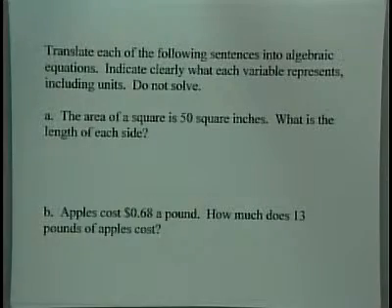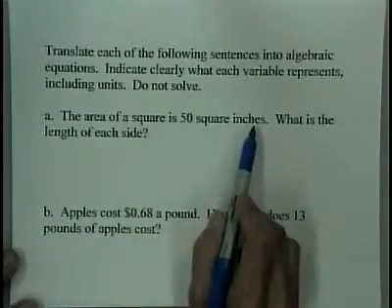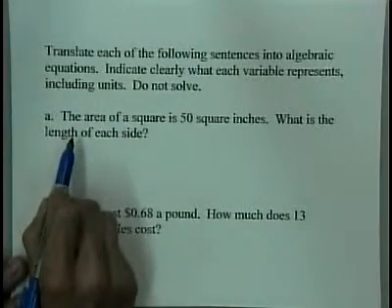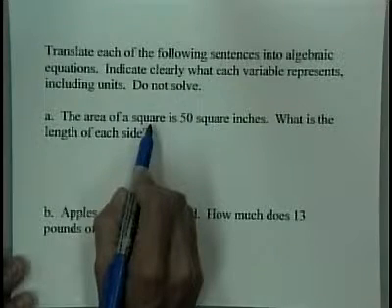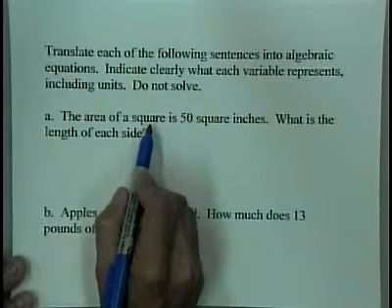Here what we want to do is translate each of the following sentences into algebraic equations. As we do so, or after we do so maybe, indicate clearly what each variable represents, including units, and we don't need to worry about solving. The first sentence says, the area of a square is 50 square inches. What is the length of each side? Well, it's implied here that you remember that for a square, each side has the same length, and you get its area by multiplying a side by itself.